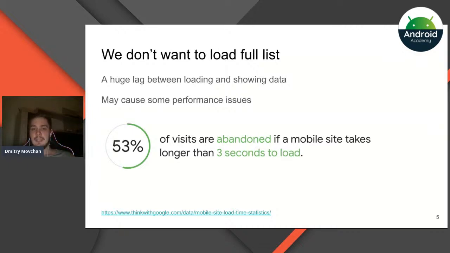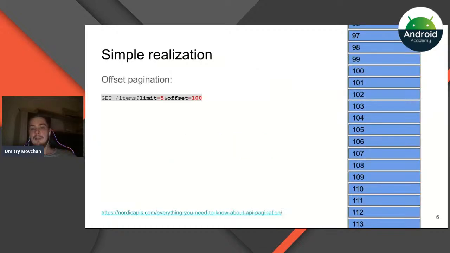There is also a statistic that more than half of people will leave your application or site whenever loading takes more than 3 seconds. So that's the abstract level. Diving in more technically, let's see a simple implementation where we have some list containing a lot of items.